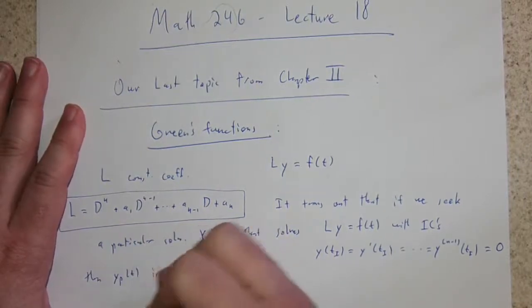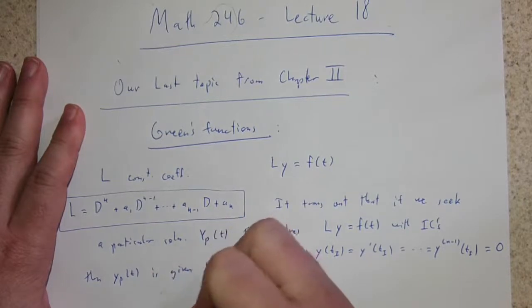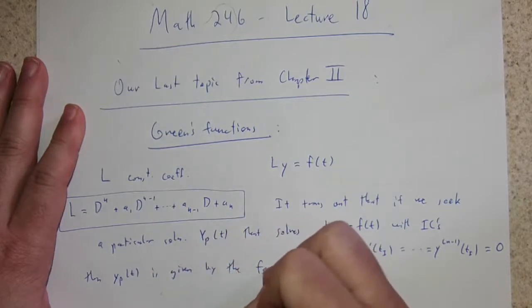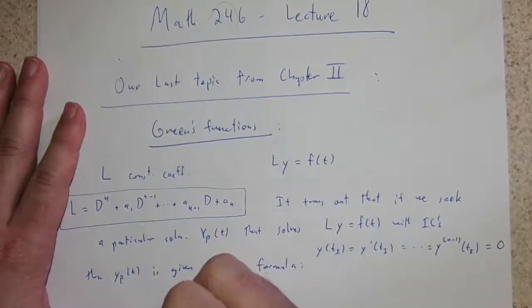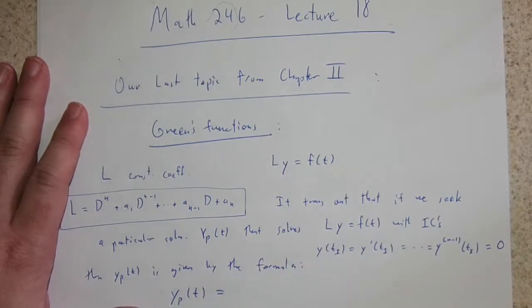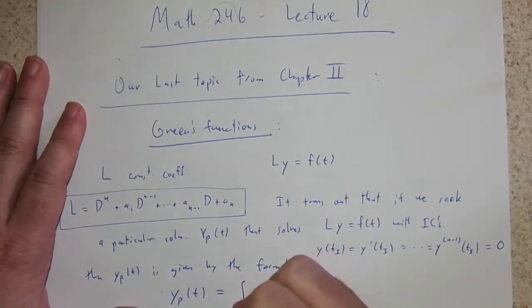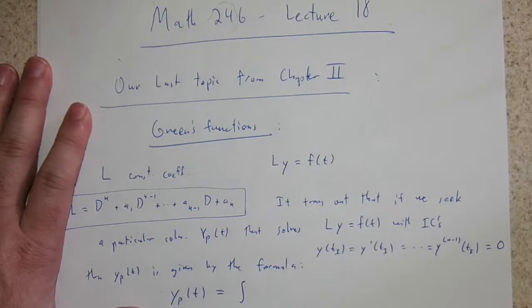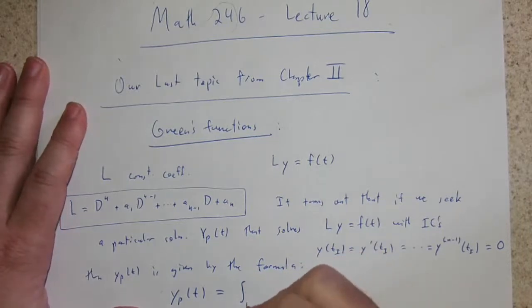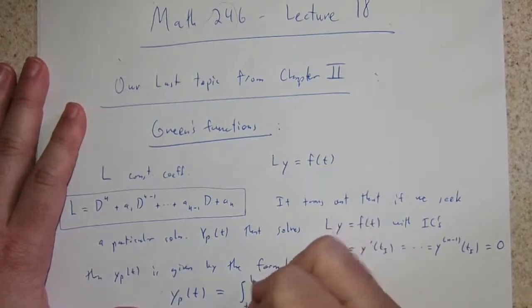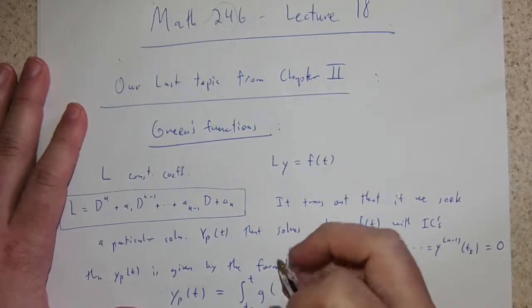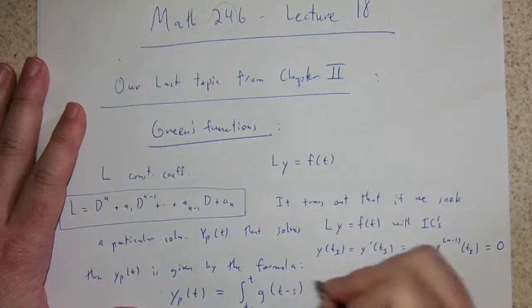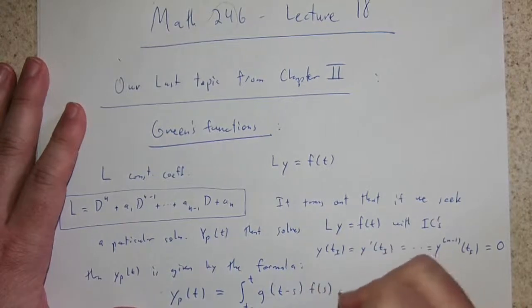then y sub p is given by the formula: y sub p of t is the integral from the initial time t sub I to t of g of t minus s times f of s ds.